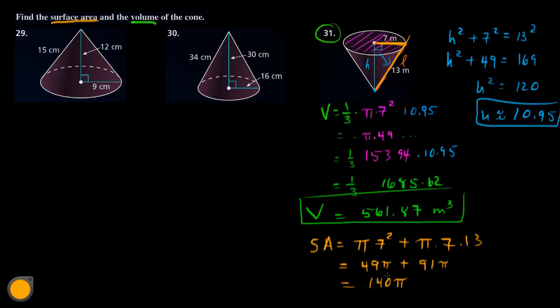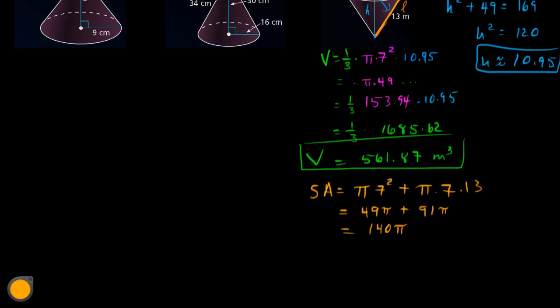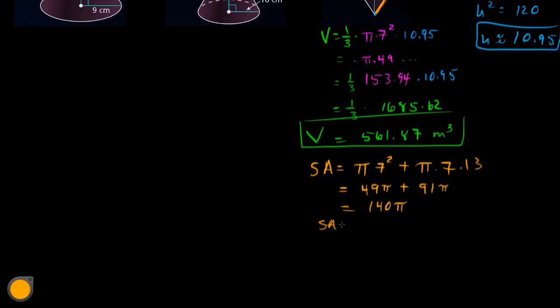You don't have to combine like terms like that. You could have converted these to decimals and all that. The surface area is going to be approximately whatever 140 pi is, so that's 439.82. Now, surface area, keyword area, is going to be square units.